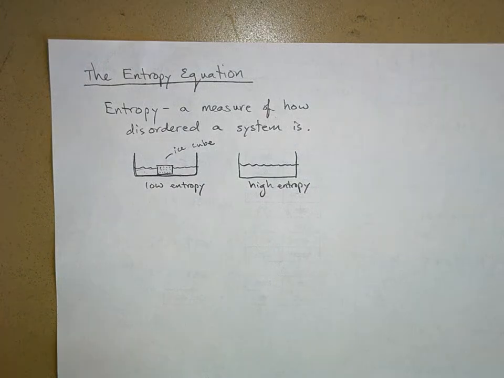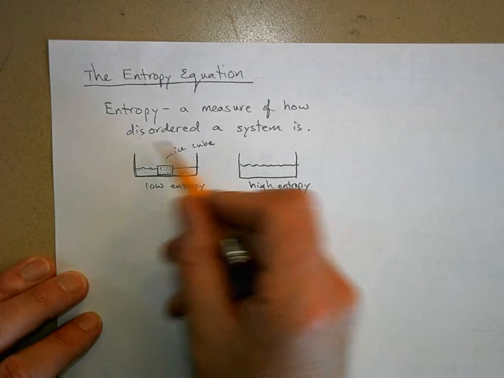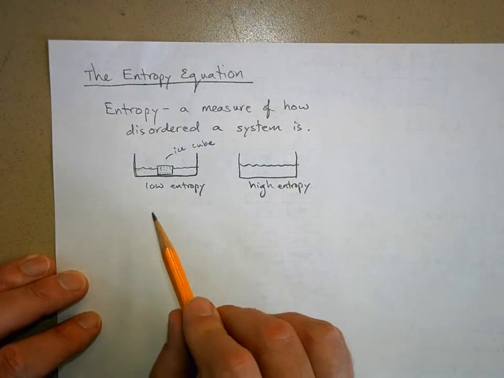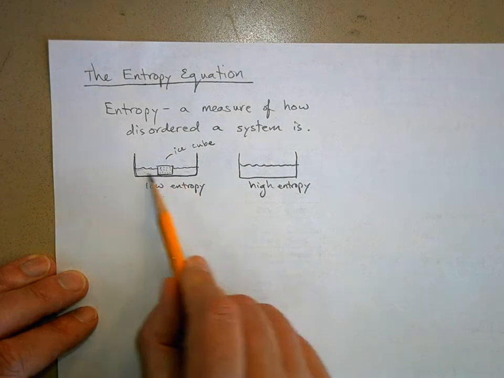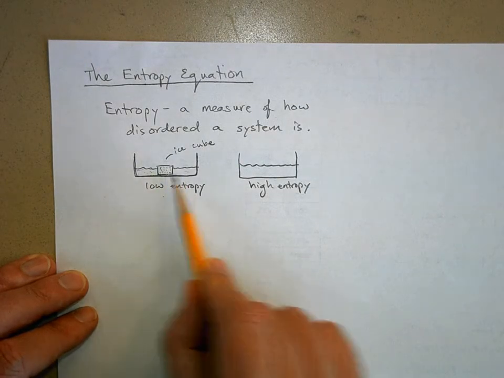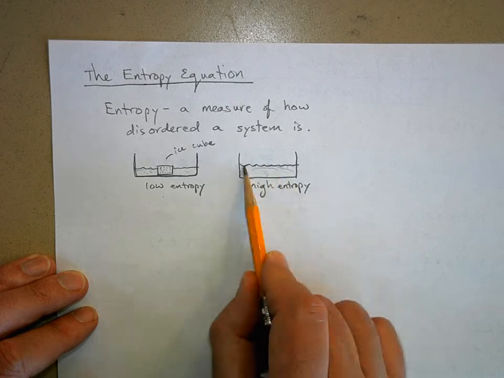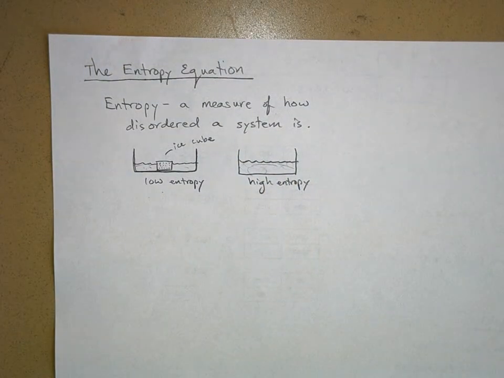Okay, and if you leave things alone, chances are that the system you're looking at is going to move from a low entropy state to a high entropy state. From very organized and everything's in its place to everything's messy. Everything's just kind of blah. Okay?